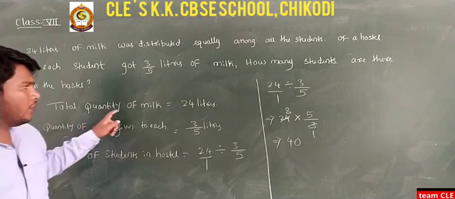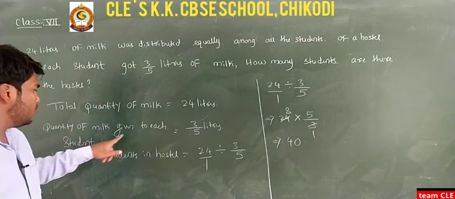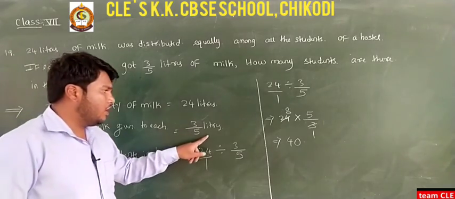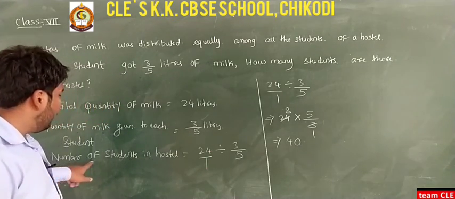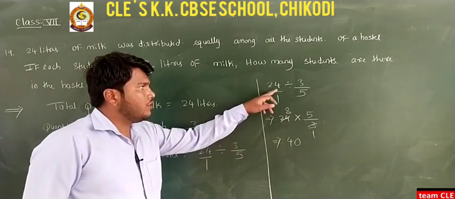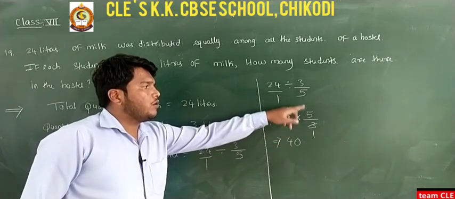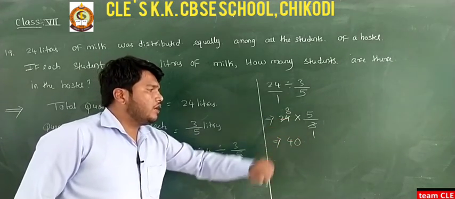First, the total quantity of milk is 24 liters. Next, the quantity of milk given to each student is 3 by 5 liters. And the number of students in the hostel is 24 divided by 3 by 5. You take the reciprocal and write 24 into 5 by 3, and 3 ones are 3, 3 eights are 24, 8 fives are 40.